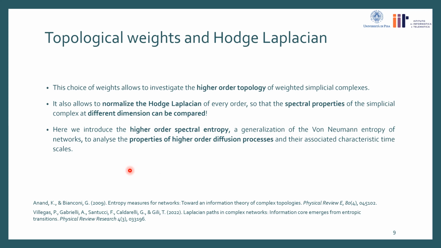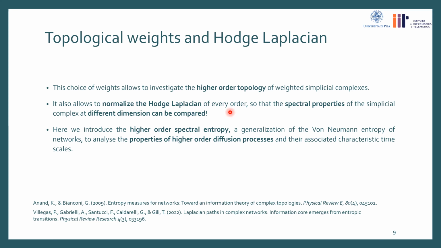That's a very useful object when you try to explore the spectral properties of a graph, and in this case of a hypergraph or simplicial complex. And the nice thing is that with this topological weight assignment, you can normalize the Hodge Laplacian, which is computed at every order of the simplices: at the level of nodes, at the level of edges, at the level of triangles, and so on.